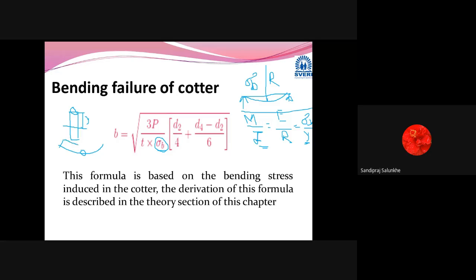See, I will draw this. This is the lower part. It is in tension, and this will be in compression. So here we can consider sigma C as the compressive stress, and here sigma T as the tensile stress.